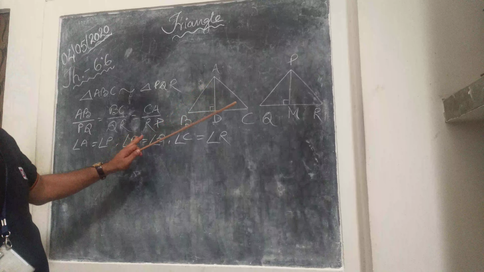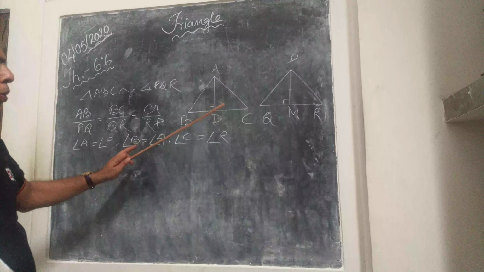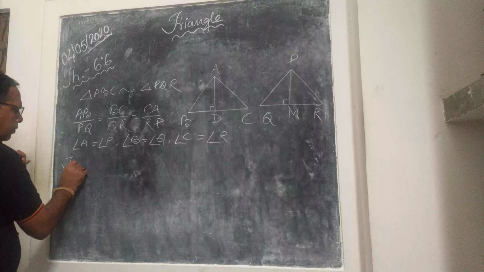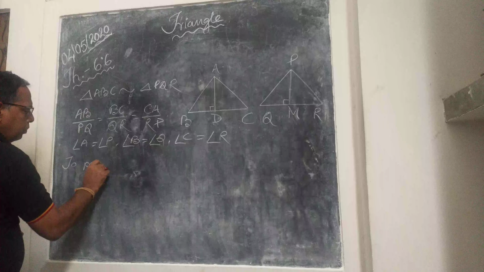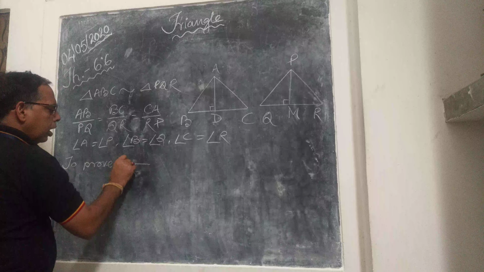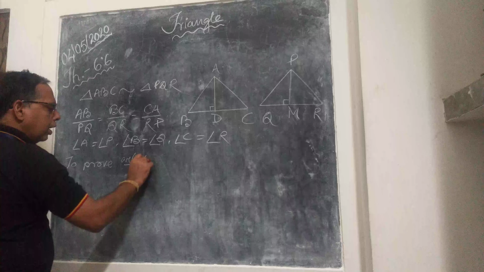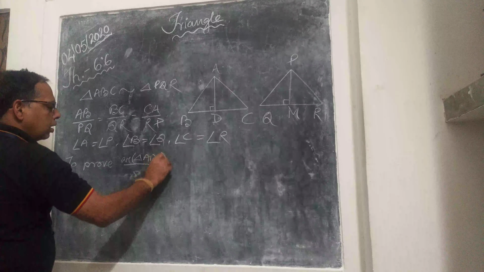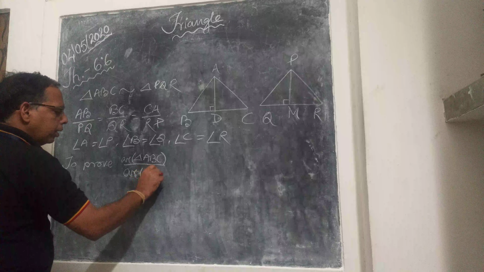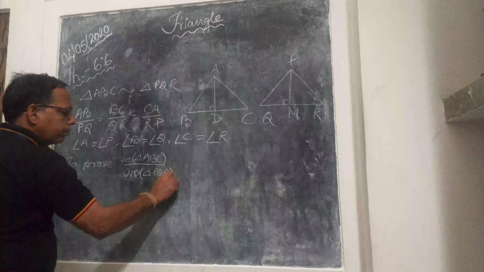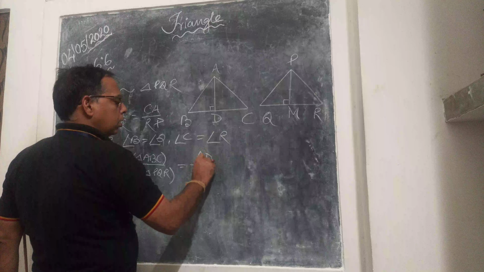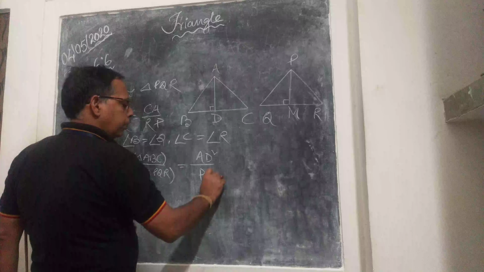So this much is the introduction, and to prove: area of triangle ABC divided by area of triangle PQR is equal to AD square by PM square.